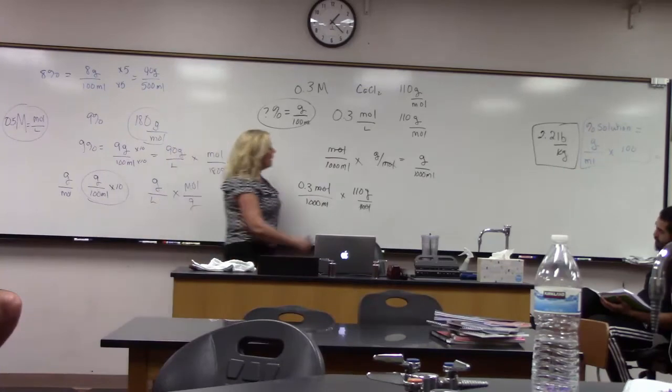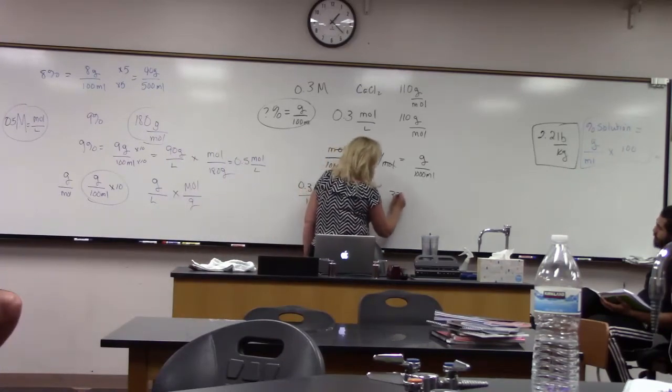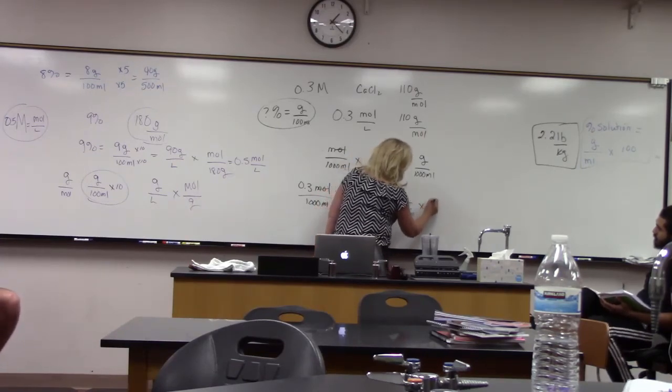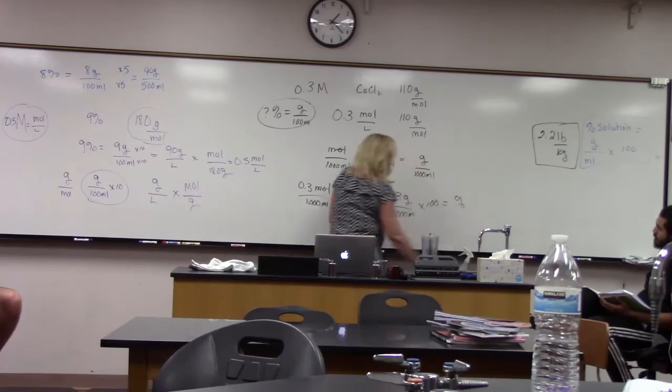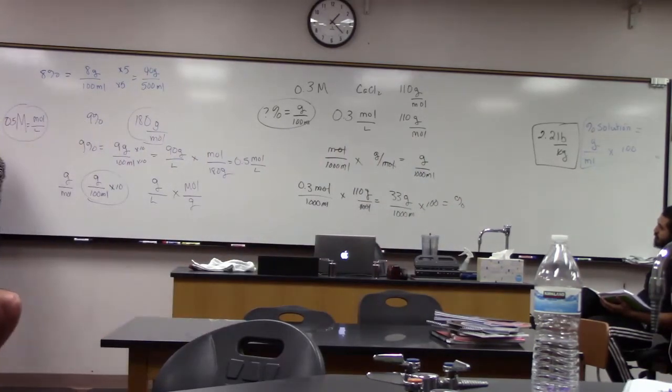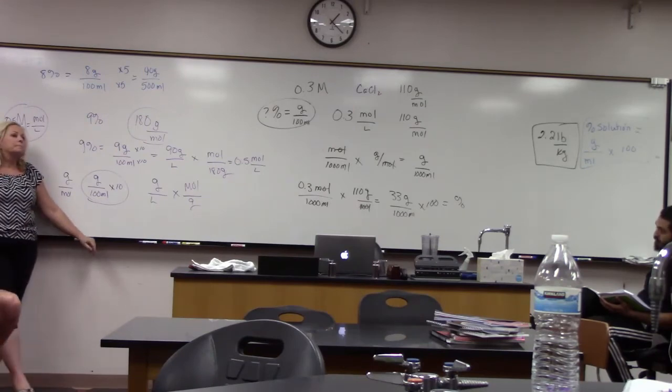And we end up with 33 grams in 1,000 milliliters times 100, and that will give you your percentage, because it's grams divided by milliliters times 100. And so your answer should be 3.3.